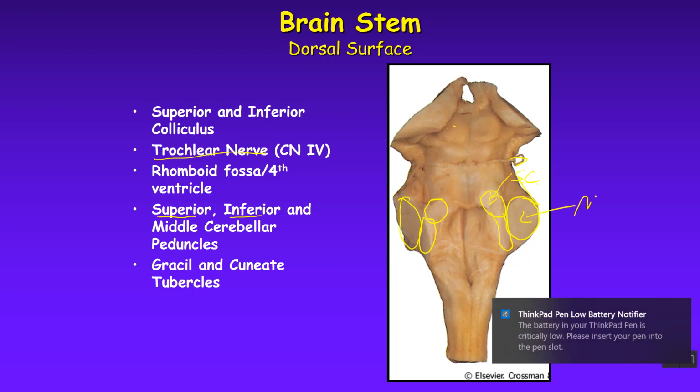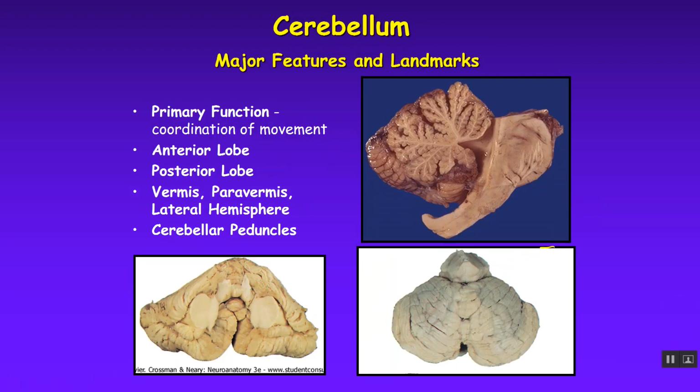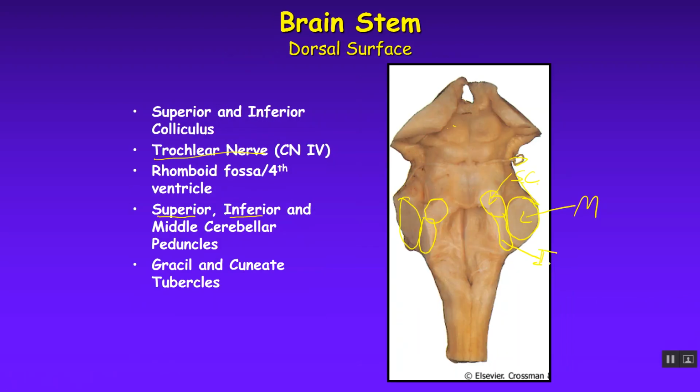This one's the middle, and this one is the inferior cerebellar peduncle. Okay? They all work together to connect the cerebellum to the back of your pons, to your brainstem. But if you cut them at the right angle, there's actually 3 distinct pathways or tracks that connect your cerebellum. So there's information coming between your brainstem and your cerebellum, and eventually some of that goes up to your cerebrum, some goes down your spinal cord, but that's how information and axons are communicating and going through those cerebellar peduncles, okay?